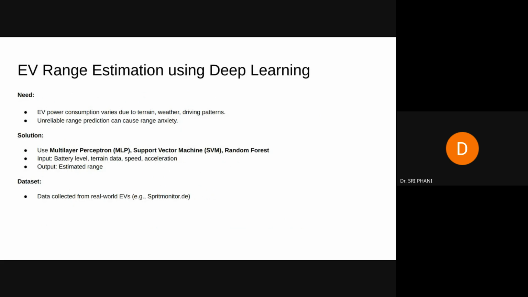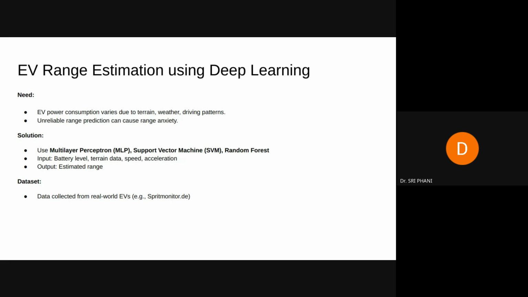First, looking at EV range estimation, this is one of the papers which we have implemented, not part of that MDPA thing. We did something on our own. We had a bunch of EV vehicles, and we thought, why don't we predict how many kilometers this EV can go with the current state of the battery.